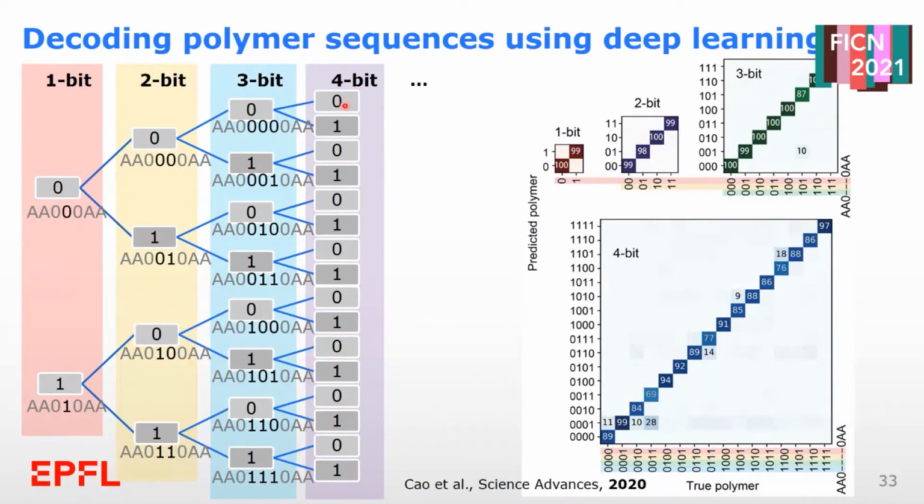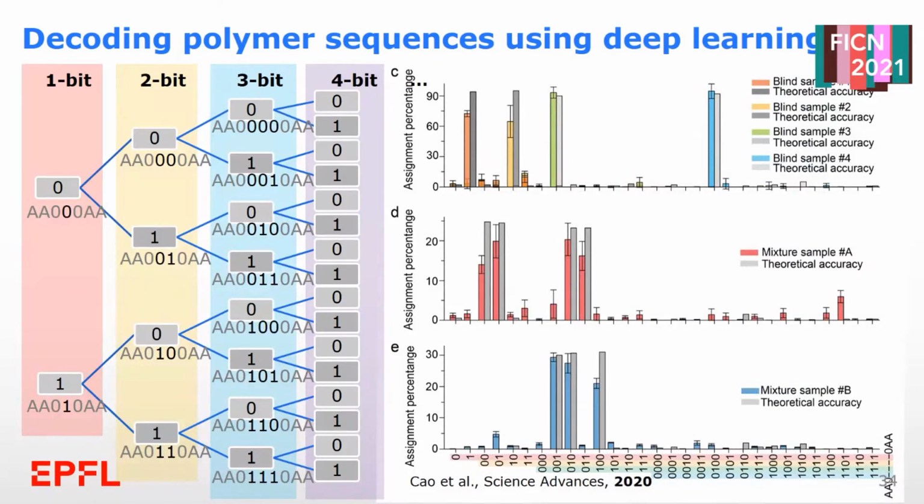This has worked quite well up to encoding of 4 bits, and as I mentioned, as there is not yet any way of controlling the translocation speed, here is where we start to lose our accuracy. We hope that in the future we will improve this by adding some sort of translocation control, and that will allow us to expand this towards more bits that can be encoded in these sequences.